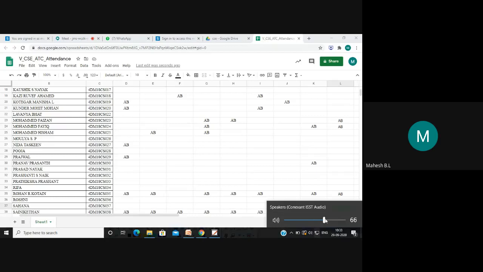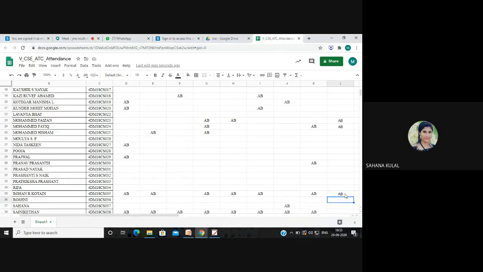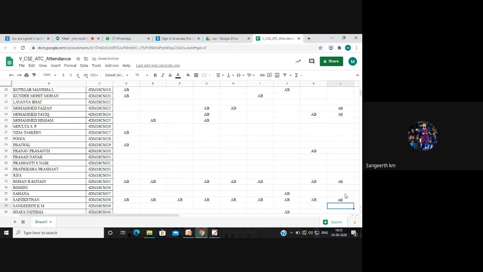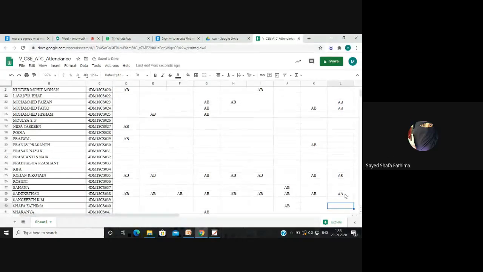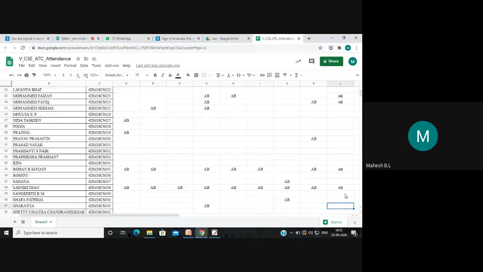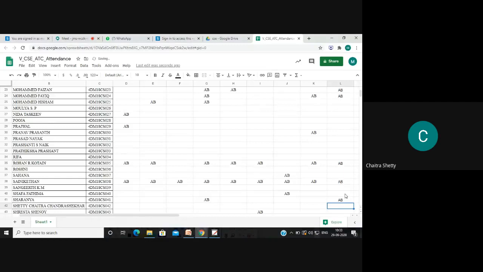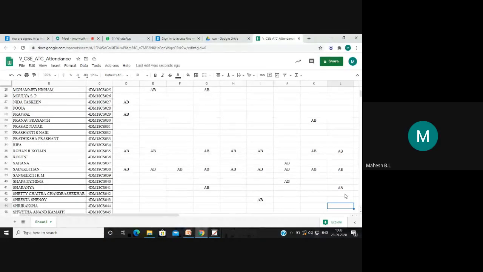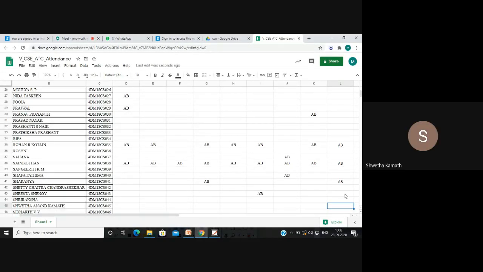Sahana, present, sir. Sharanya, Chaitra, present, sir. Shweta, present, sir.